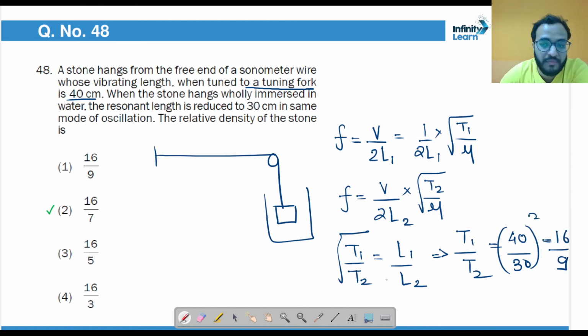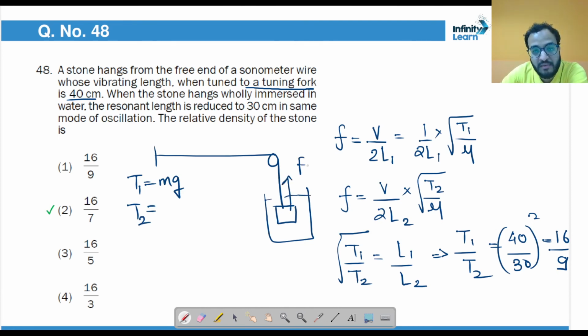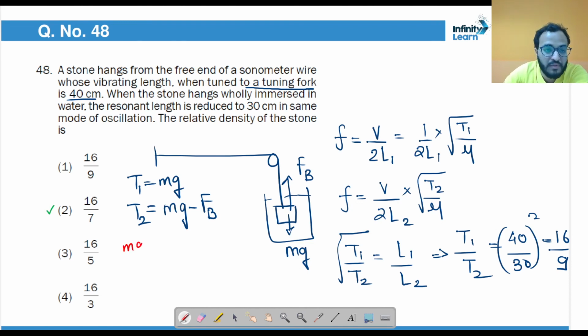Got it? No problem. Now what is T1? See, T1 is equal to mg. What is T2? When it is dipped in water, there is a buoyancy force upwards and mg downwards. So this time T2 is mg minus buoyancy force, right? So T1 by T2 is mg upon mg minus buoyancy force.